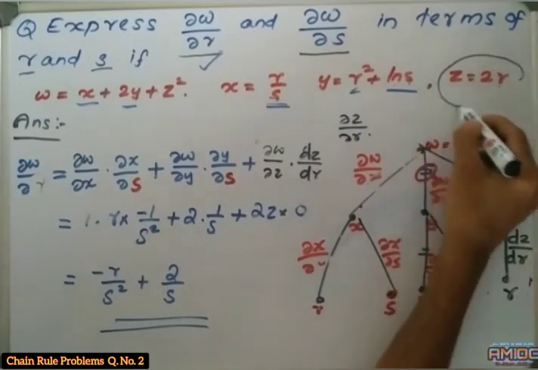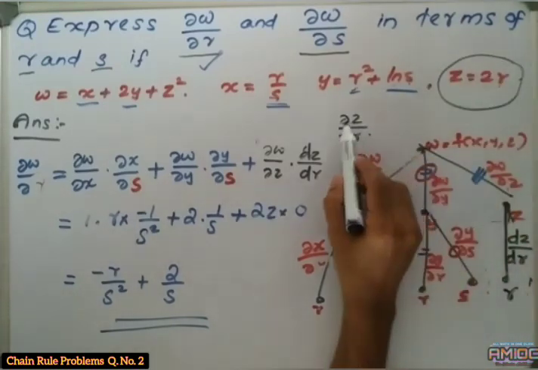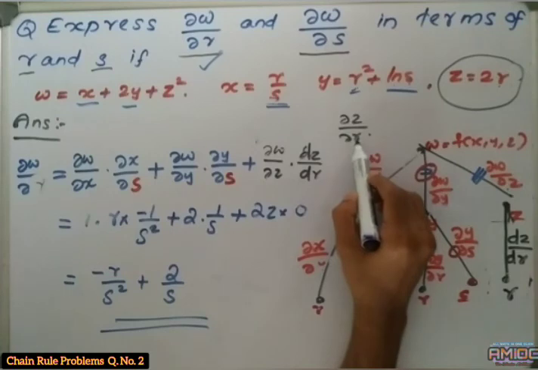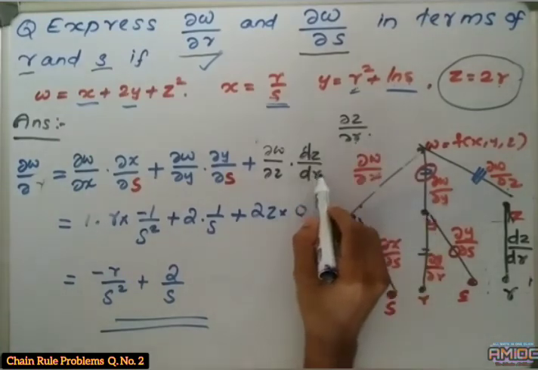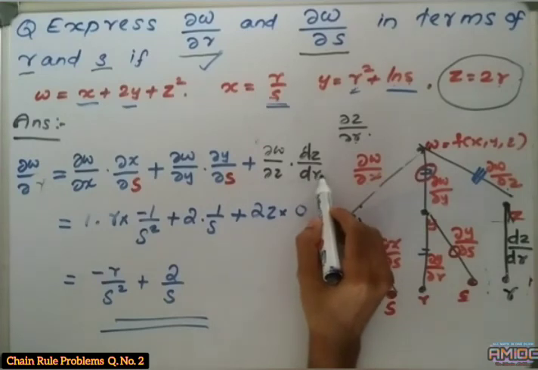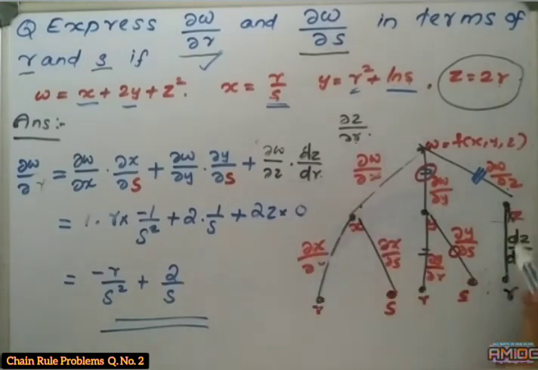Here z is a function of r only. Therefore the partial derivative with respect to r is the same as the usual derivative of z with respect to r. Therefore the same result holds if we treat z as a function of r only, or also we can treat z as a function of r and s where s is 0. Then taking the derivative along that path, the derivative will be equal to 0.